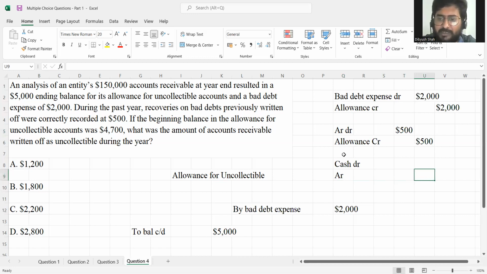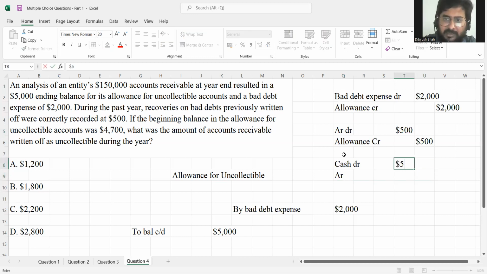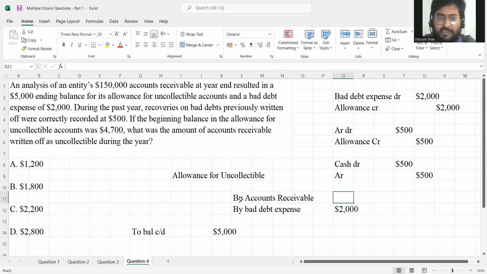Your answer will not change even if you record by cash, but that is not correct. So the allowance account is getting credited once by AR. Of course, you can write by cash here also. Your answer will not change. But again, to keep your concepts clear, it will be 500.